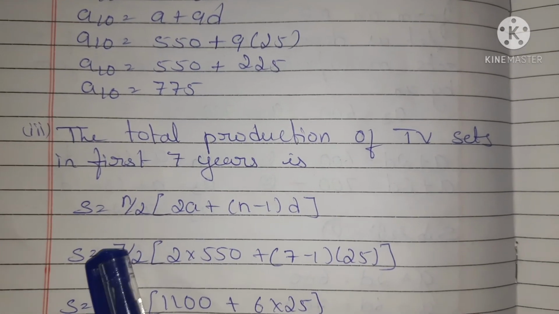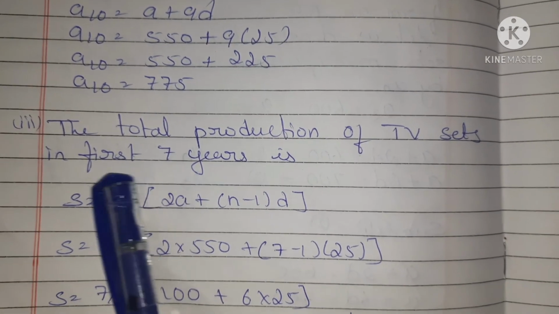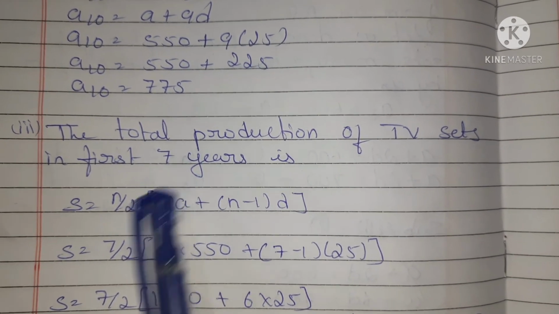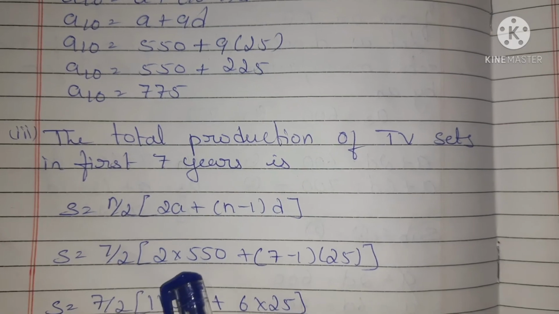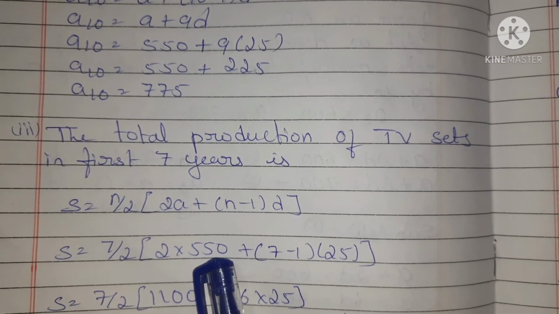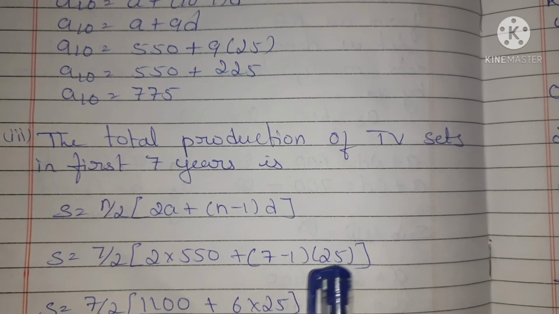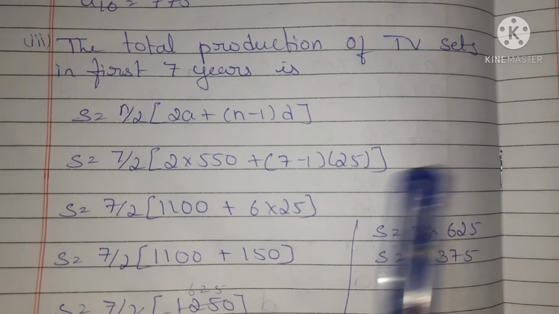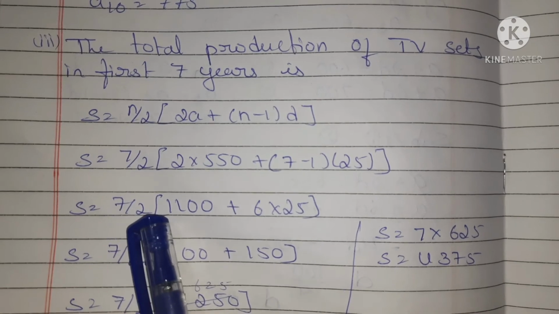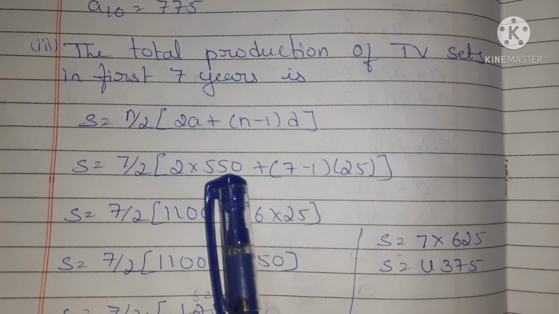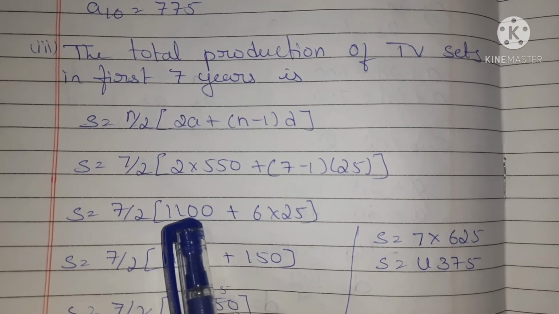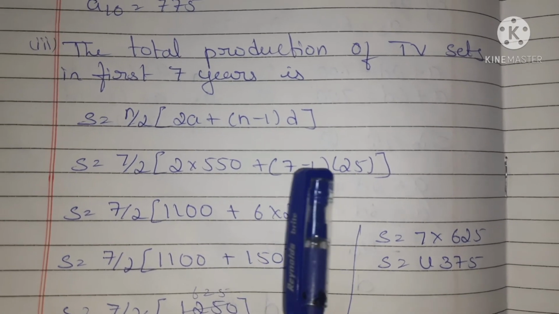Here, first 7 years means n is equal to 7. 7 by 2 into a value 550 plus n minus 1, that means 7 minus 1, into d value 25.